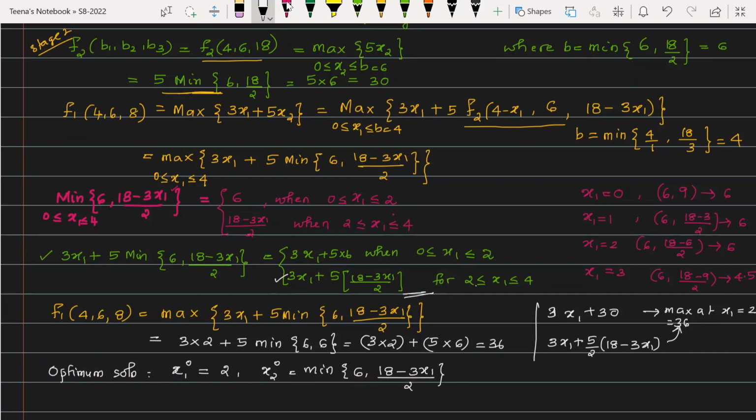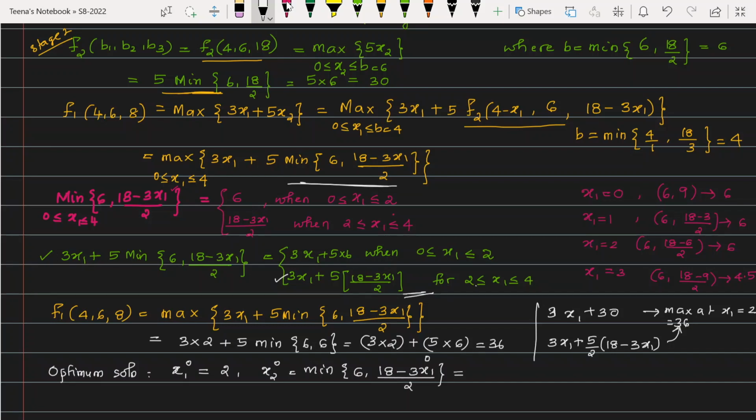You can see that from here x2 is minimum of 6 and (18 minus 3x1) by 2. So here we substitute the optimum value for x1, and that optimum value for x1 is equal to 2.